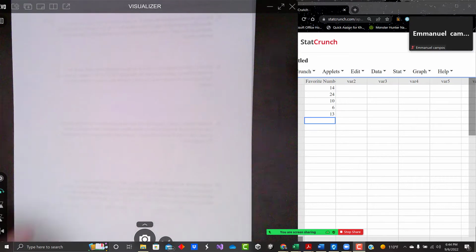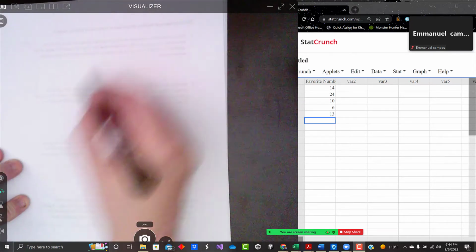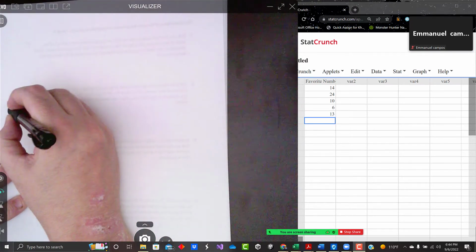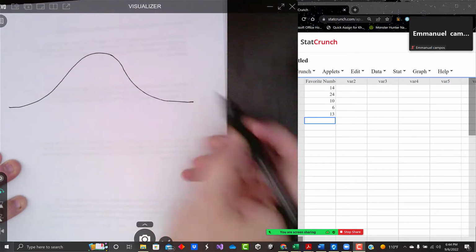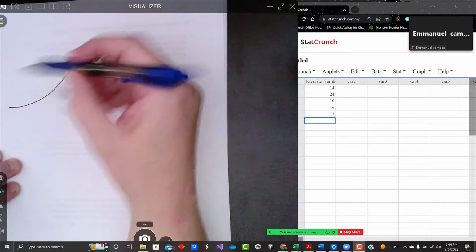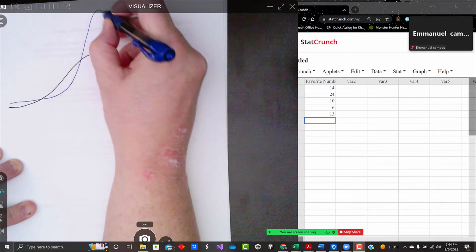So I'm going to draw 3 bell graphs all overlapping each other. Give my nice good bell graph like that. I'm going to do one that comes up really high.